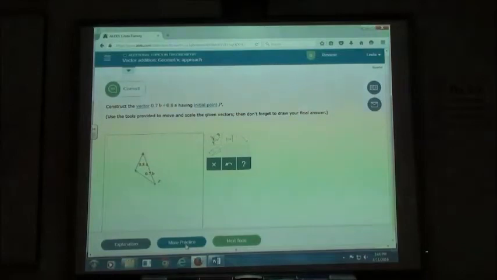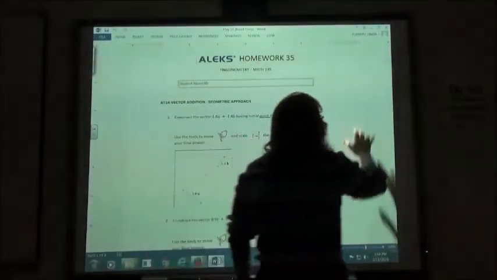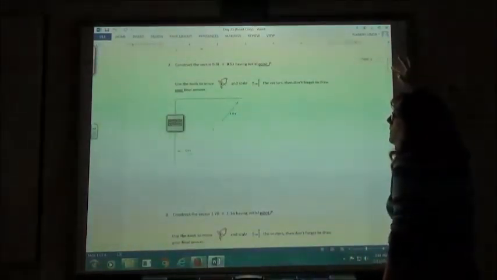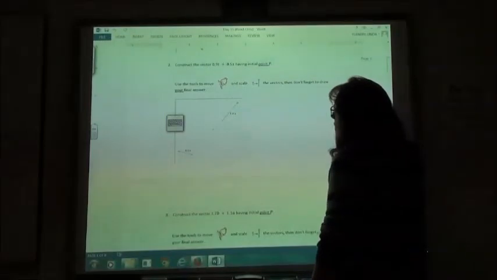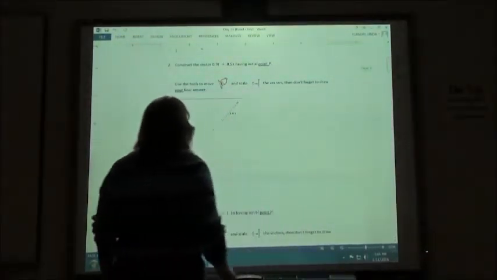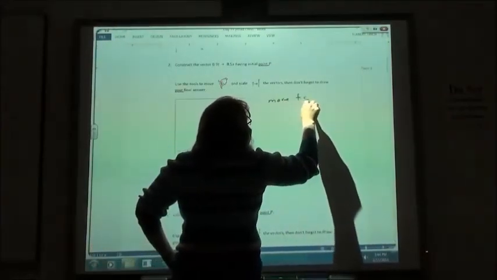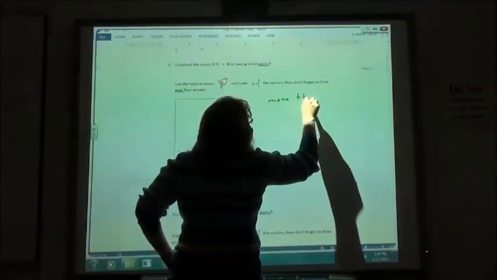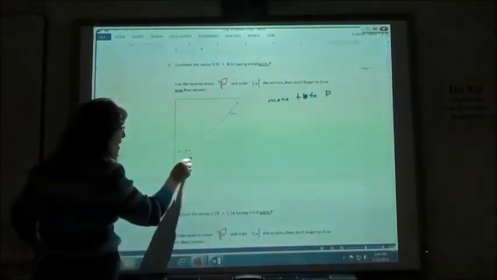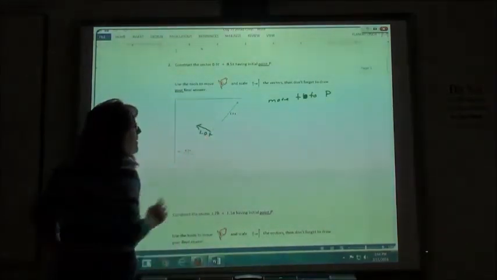So going back to the ones we have on our paper, if I go to number 2, I'm going to do 0.9t plus 0.5s. So I'm first of all going to move t to P. So I'm going to take this vector, I'm going to pull it up here, it's going to say 1.0t.